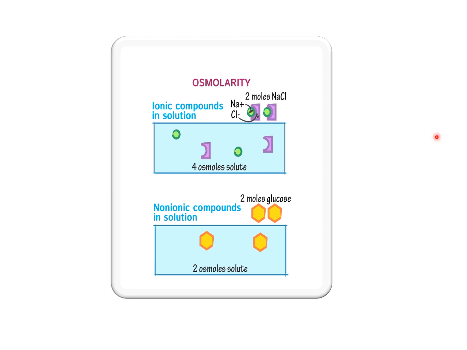But in case of glucose, you will see that glucose is not ionized, so the number of moles will be equal to the number of osmoles here. It will not ionize, so 1 mole of glucose will give rise to the same osmoles of osmotically active particle.